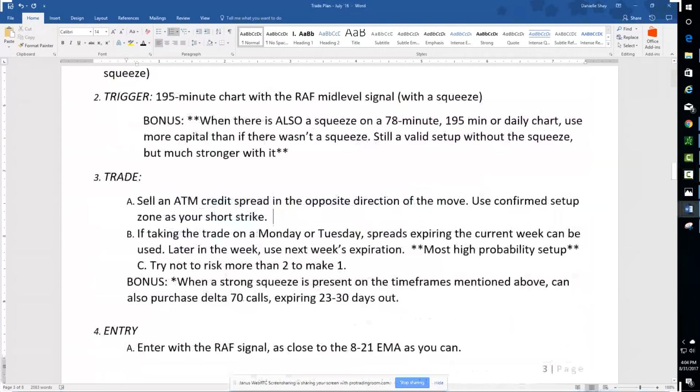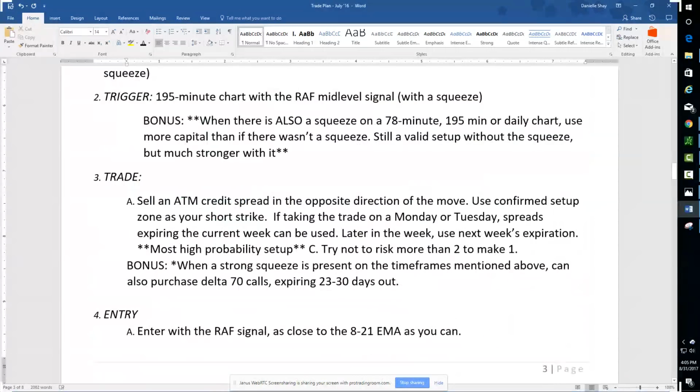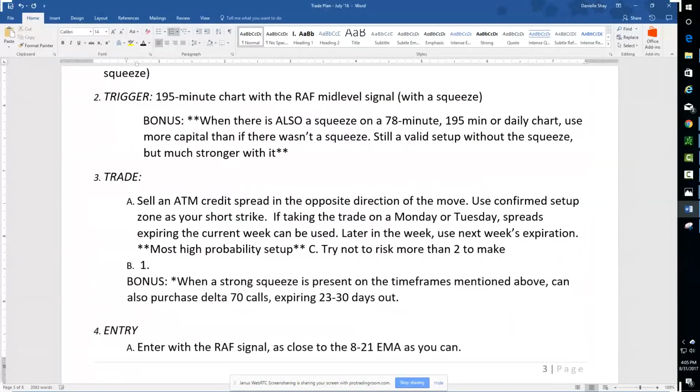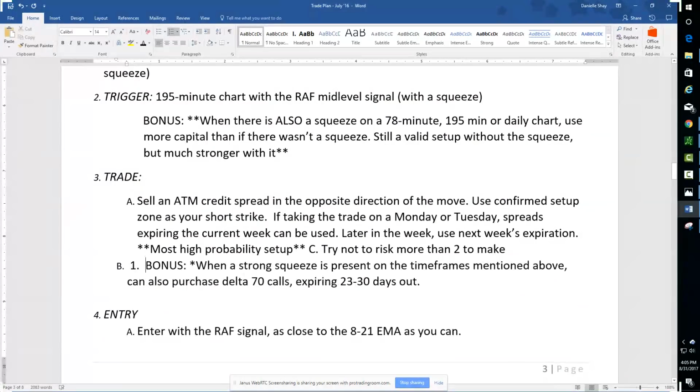My second choice is going to be just buying the calls. So let's see, when a strong squeeze is present on the time frames mentioned above, you can also purchase Delta 70 calls expiring 23 to 30 days out.